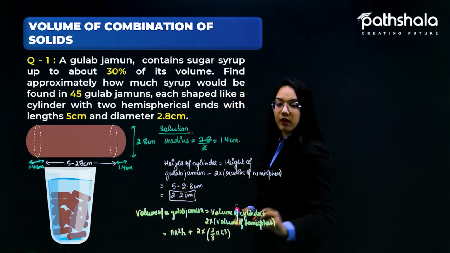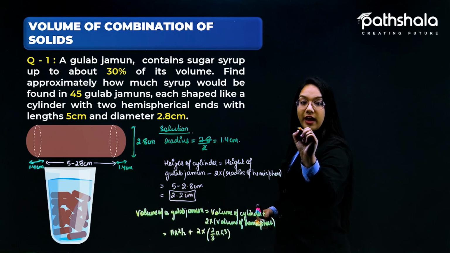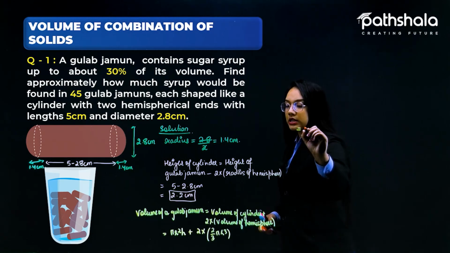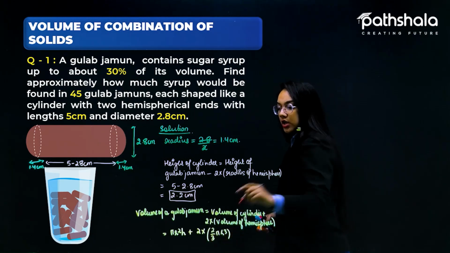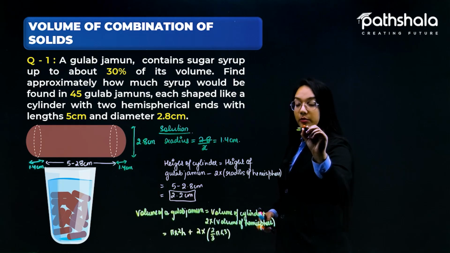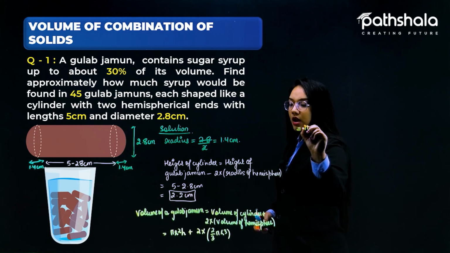Now let's plug in all the values. First we have pi, and further we have r square.